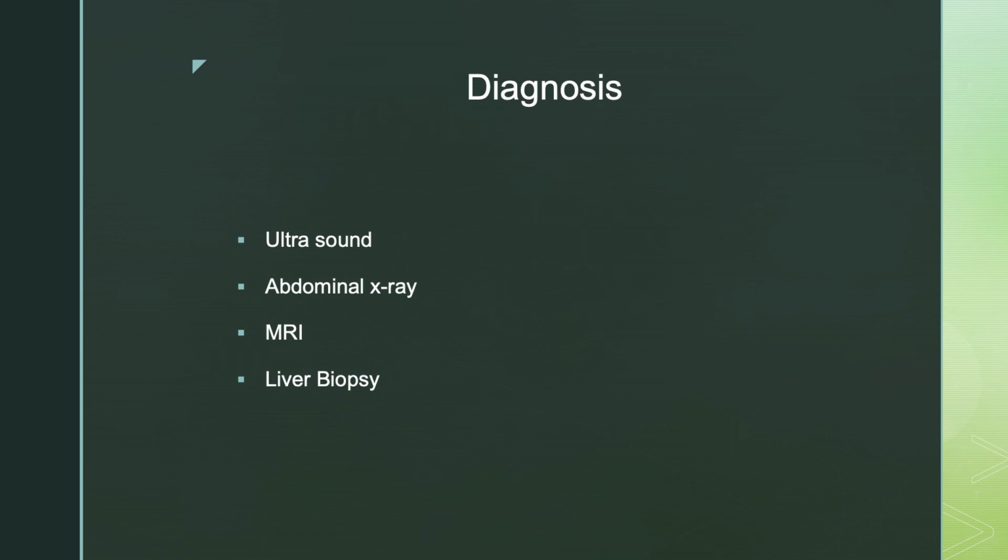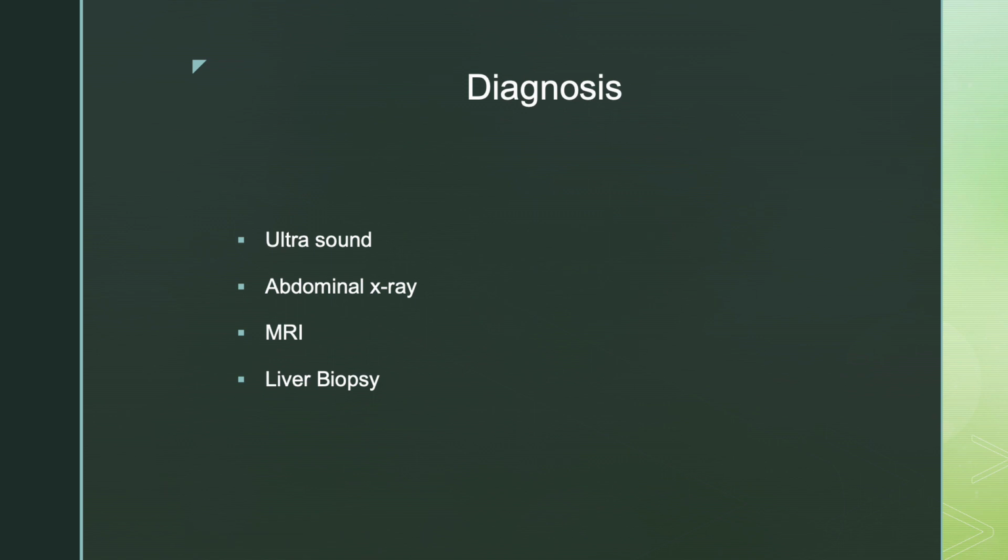So some diagnostic procedures that can be used to diagnose liver failure and liver disease not caused by hepatitis is an ultrasound, which is used to detect ascites, hepatomegaly, biliary stones, or biliary obstruction. We would also do an abdominal x-ray and CT scan, which is used to visualize possible hepatomegaly and ascites.